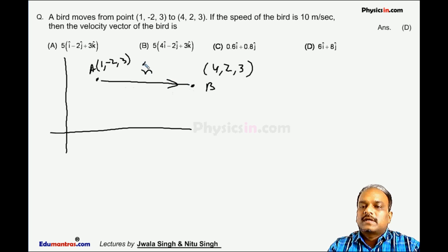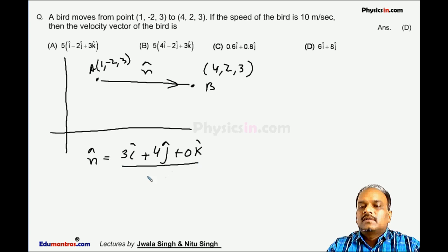So we can say n cap is 4 minus 1, that is 3i cap, plus 2 minus minus 2 is 4j cap, plus 0k cap, divided by 5, because the mod of this is 5. So it is 3 by 5 i cap plus 4 by 5 j cap.